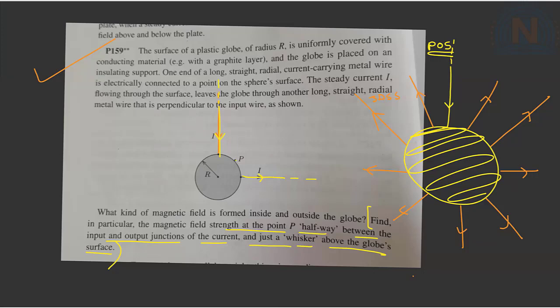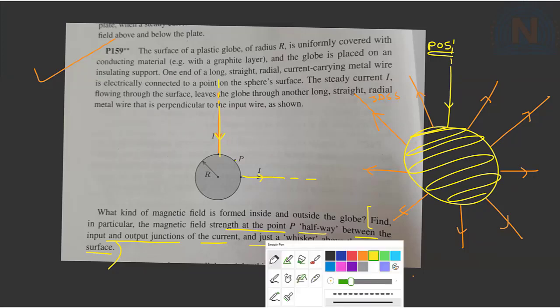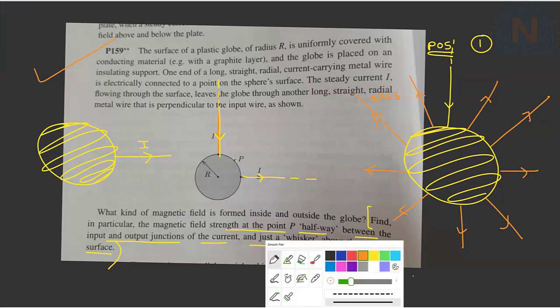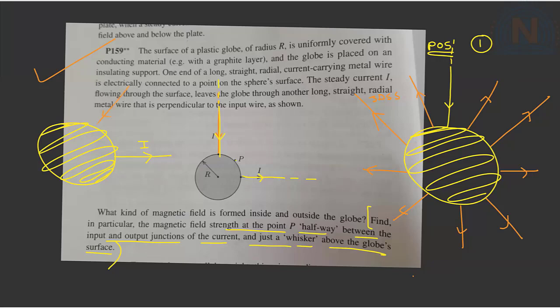And what I want to superpose it with, this is my first thing. And my second body, which I want to superpose it with, is this solid sphere, with the current I coming out from here. And now I want to bring in everything from outside, and I want to extract it like this.